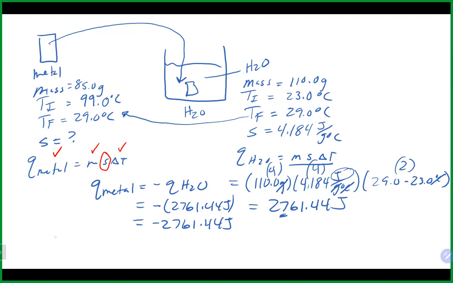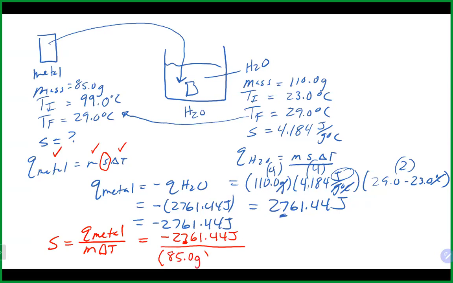So we will take S is equal to Q of the metal divided by m delta T. So using our negative value, once again, I'm not rounding at this point. I will round at the end, but I do know I should be about there. I'm going to divide it by the mass of the metal, which I made up, 85 grams.